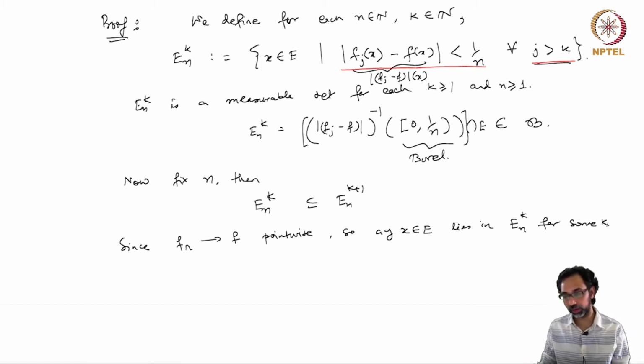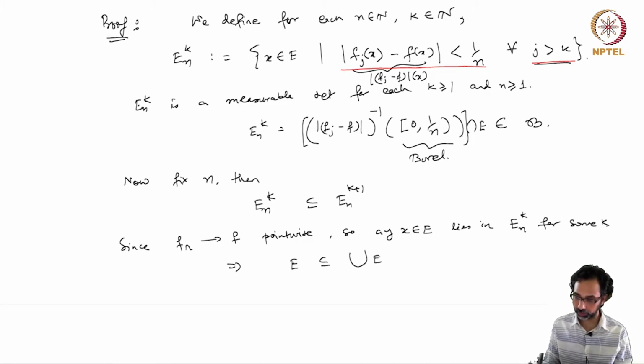Fixing n, we can always find a k large enough such that x belongs to E_{n,k}, because f_n converges pointwise to f, so this difference, the modulus of f_j(x) minus f(x), is going to be less than 1 by n for a large enough k. So this implies that E is a subset of the union of all these E_{n,k}, k equal to 1 to infinity.